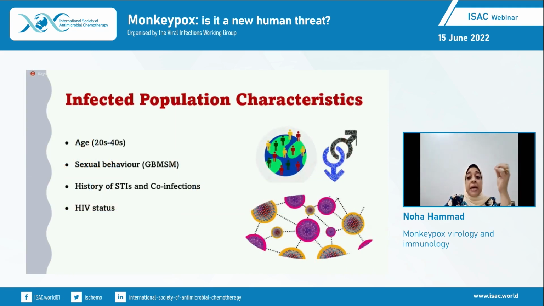Last but not least, the characteristics of the infected population in the current outbreak, which will be discussed in depth in later talks, contributed to some extent in paving the way for opening both ecologic and immunologic niches that monkeypox virus can exploit.